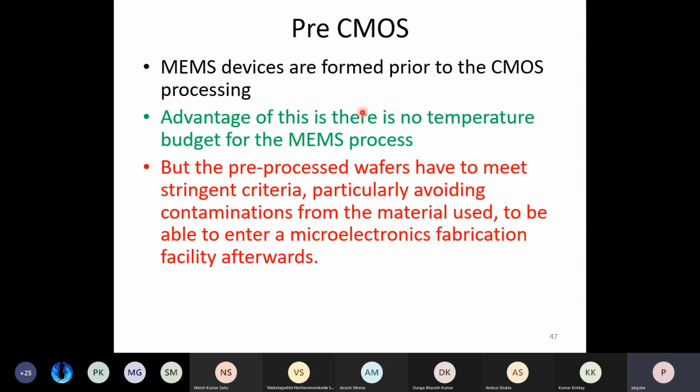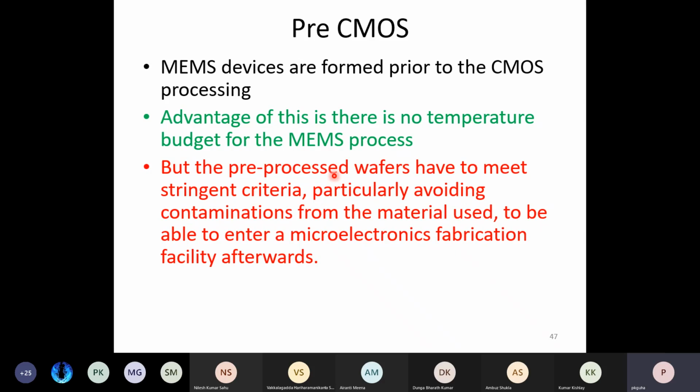But the thing is, you really can't use the pre-CMOS process, because CMOS foundries are very paranoid about their purity.